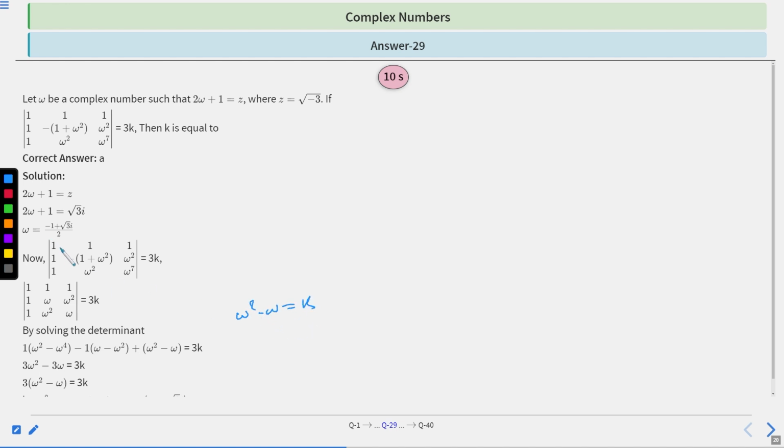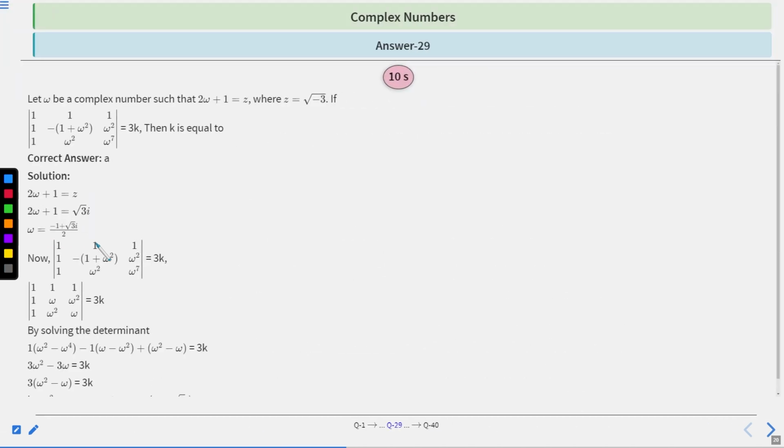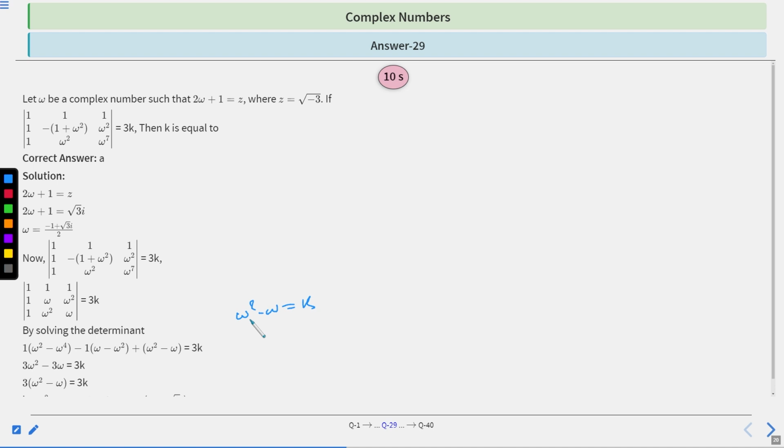Now we have to put the answer in terms of z. So let's see, omega square minus omega. Omega is minus 1 by 2 plus root 3 iota by 2, so omega square will be minus 1 by 2 minus root 3 iota by 2, and omega will be this one. So plus 1 by 2 minus root 3 iota by 2. So 1 will cancel out, and it will be minus root 3 iota.